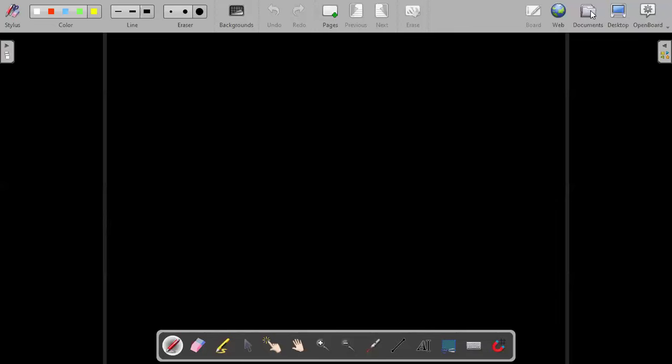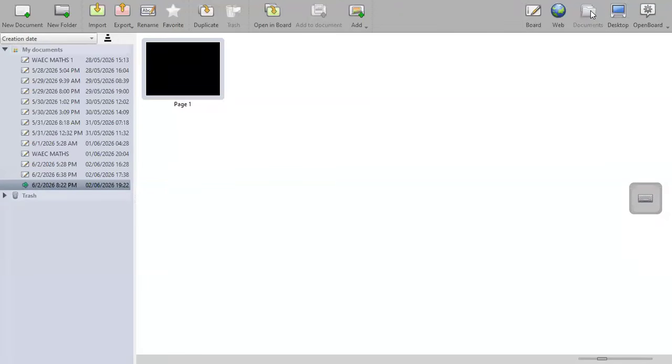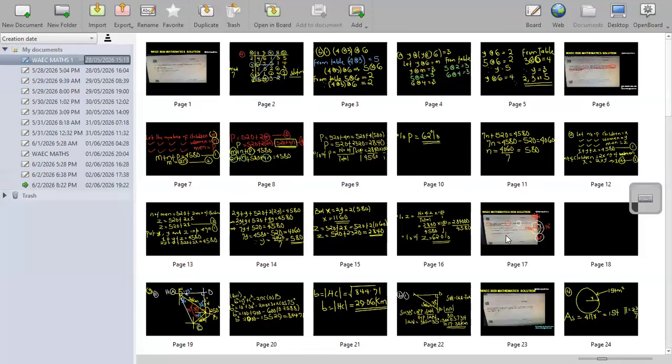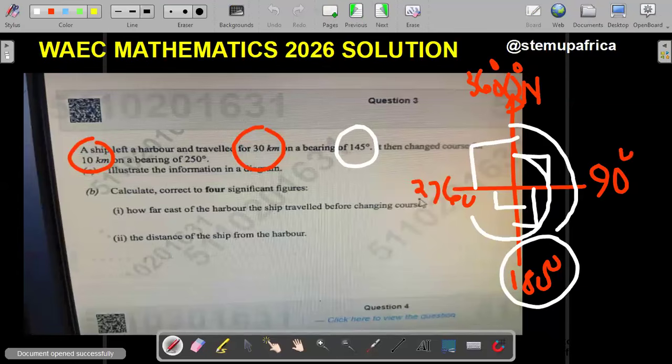I'm trying to reopen a different page. So let's try to draw the diagram now.